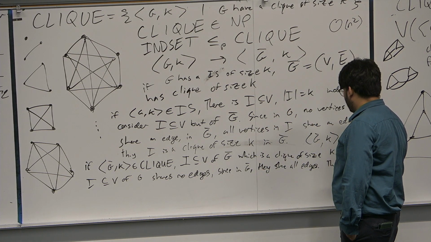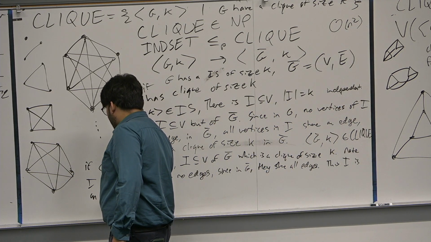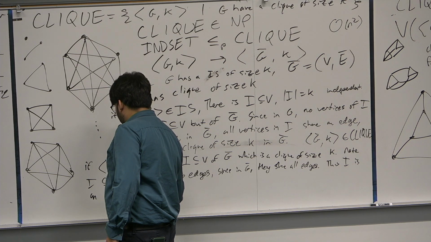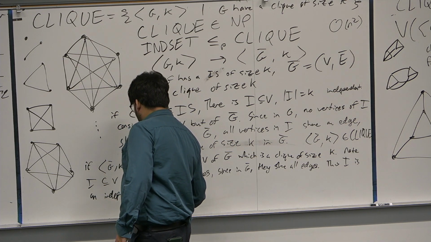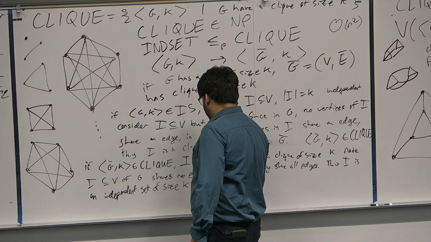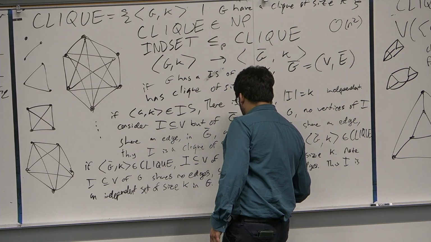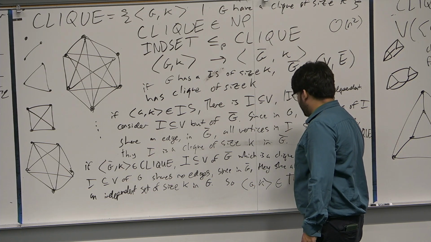Thus, I is an independent set of size K in G. So G comma K is in independent set.